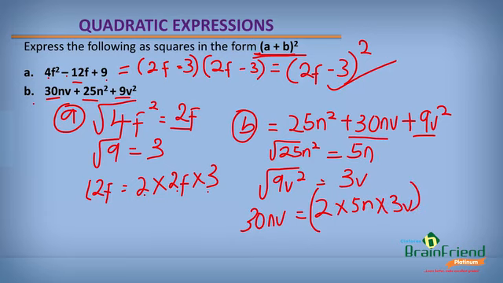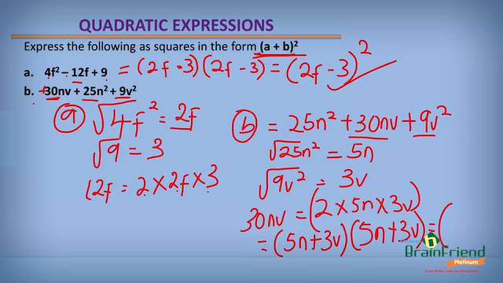So we can say the factorization of 25n squared plus 30nv plus 9v squared is equal to 5n plus 3v, plus, because 30nv carries a positive sign, times 5n plus 3v, which is equal to 5n plus 3v all squared.